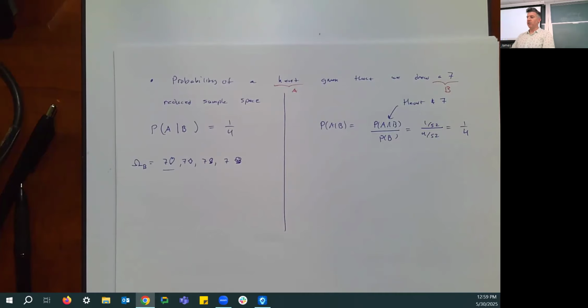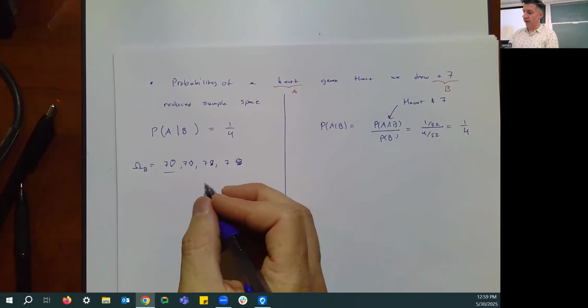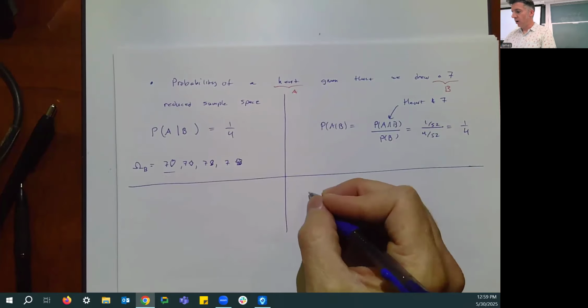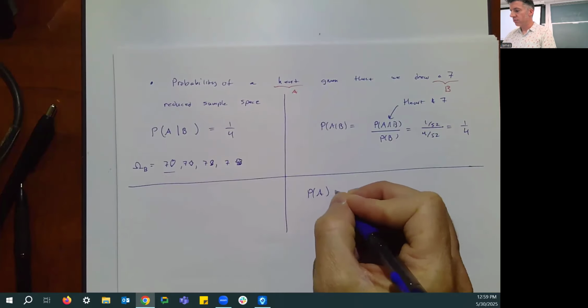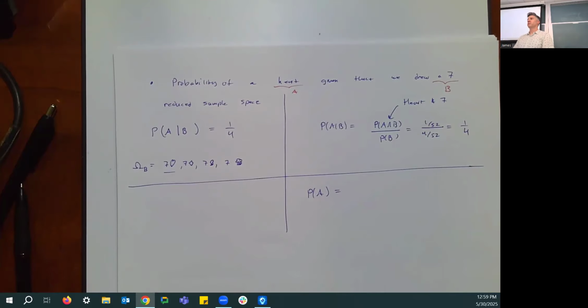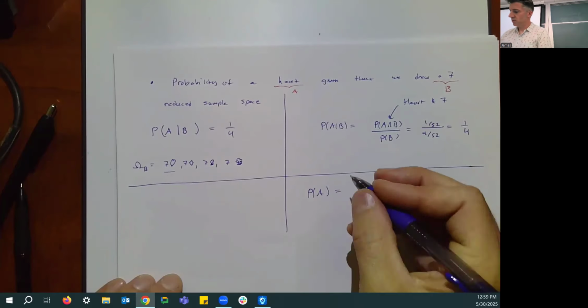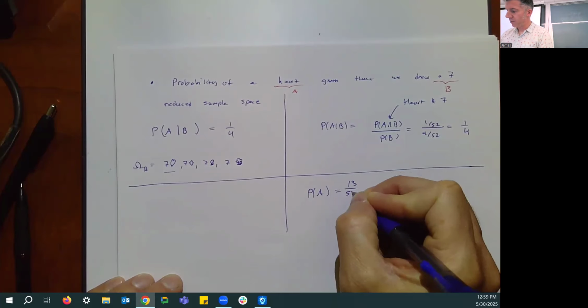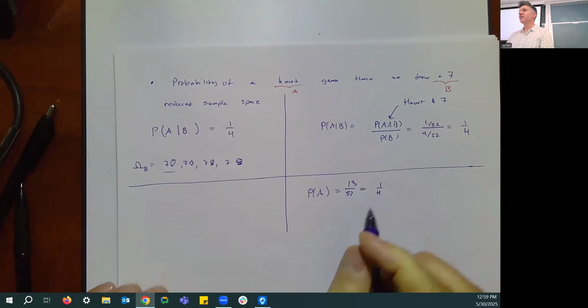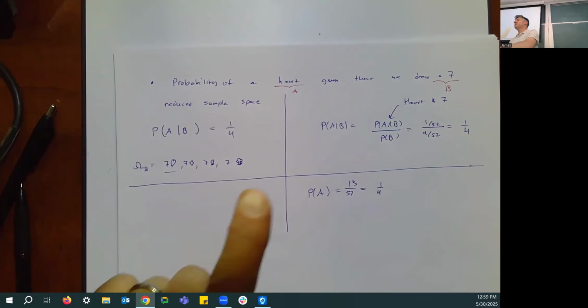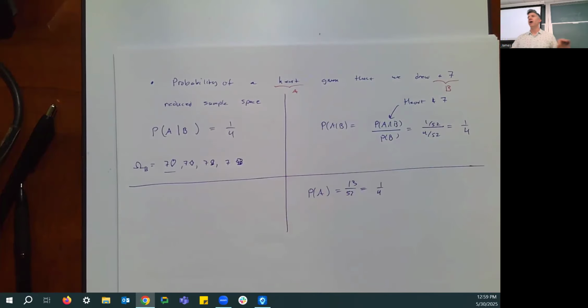Yeah. So let me ask you a different question real quick. I know we only got a minute left, but this is important. What's the probability of drawing a heart? Which reduces to, which is the same as that. This is an example of the idea that these two events, drawing a heart and drawing a 7, are independent.